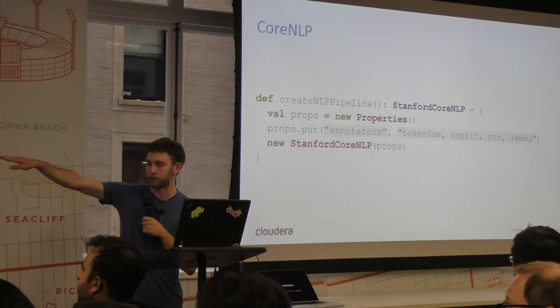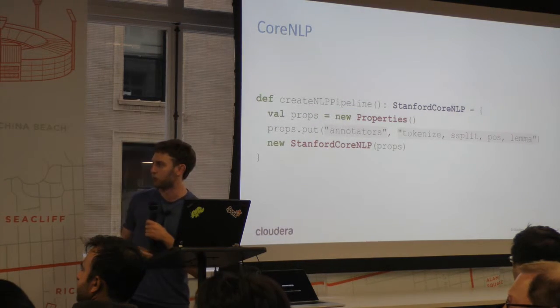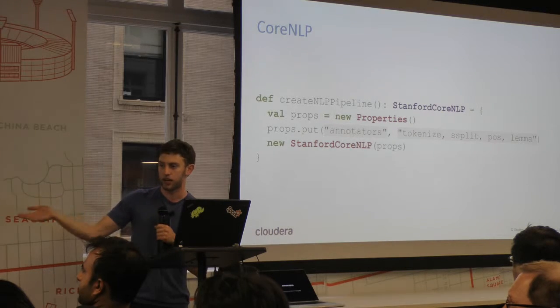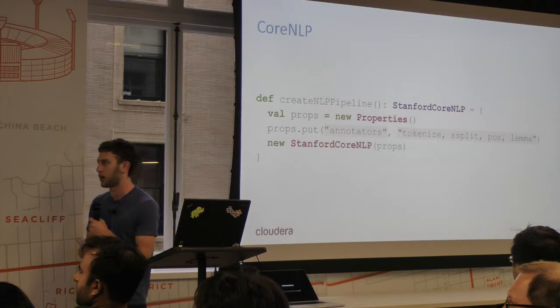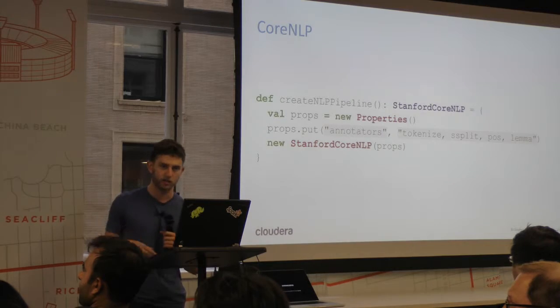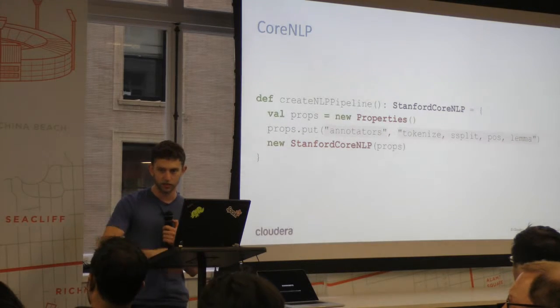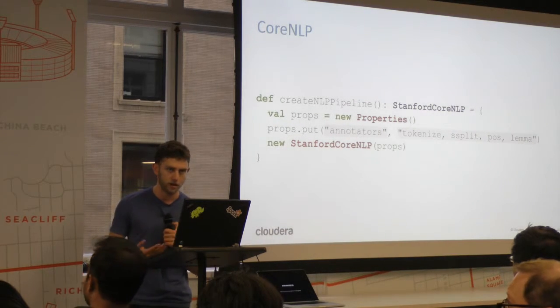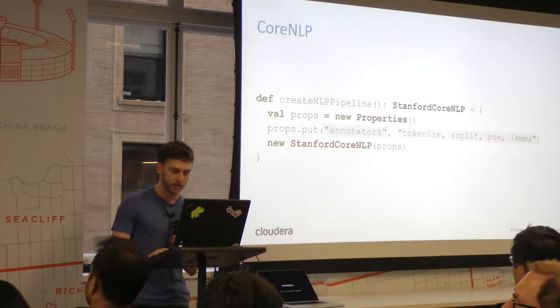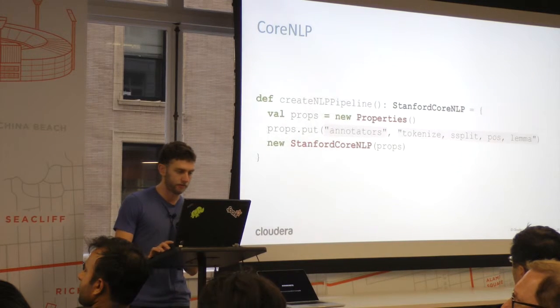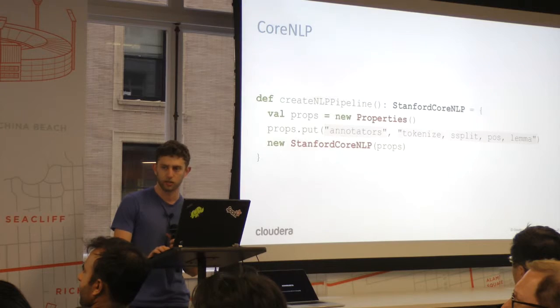In this particular case, there are a few steps that are required before lemmatization. First, you have to tokenize the document. You need to split it up. POS stands for part of speech tagging, which is used as input into the lemmatization process. And then you actually do lemmatization itself. Any questions on this stuff before we keep going?